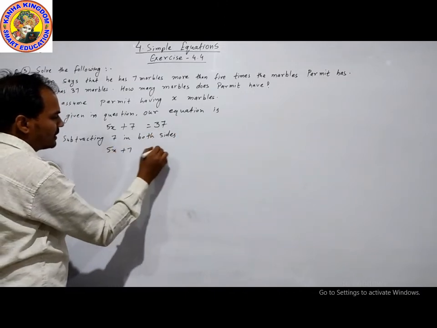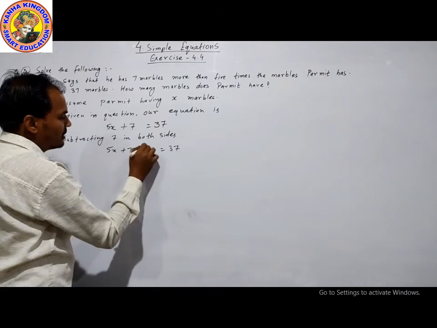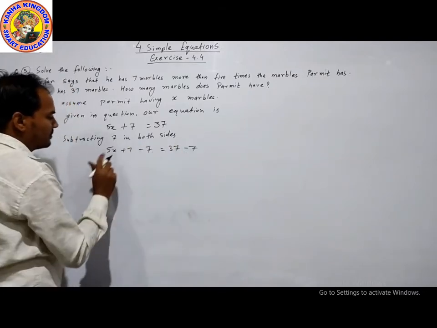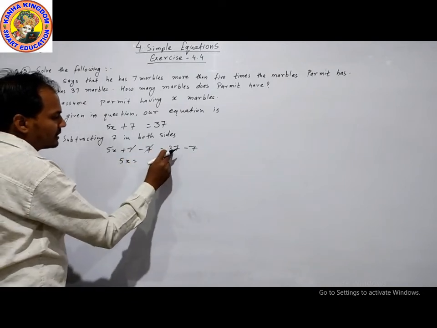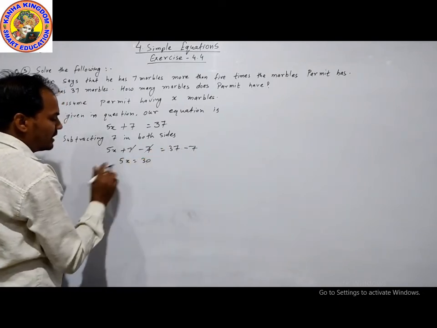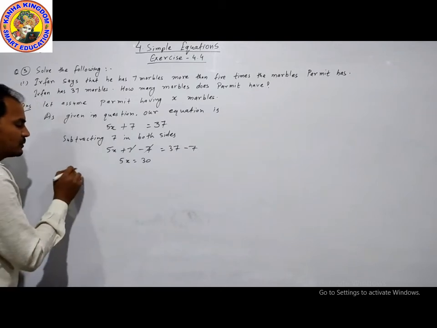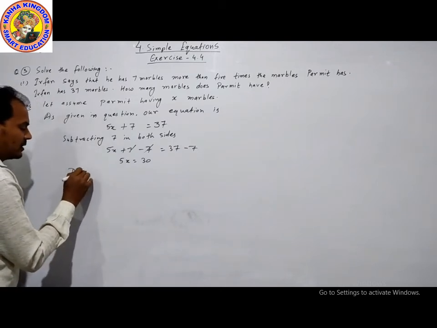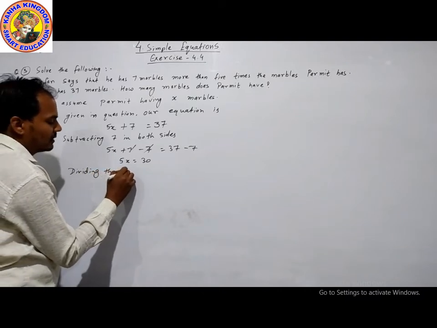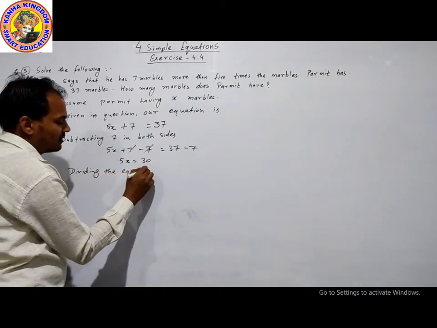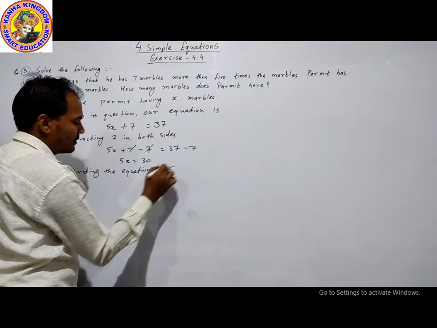5x plus 7 is equal to 37. Now we will subtract 7. 7 and 7 cancel. 5x, 37 minus 7, 30. Here is multiply by 5, so we will divide by 5. Dividing the equation by 5.